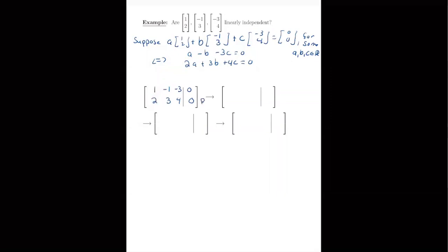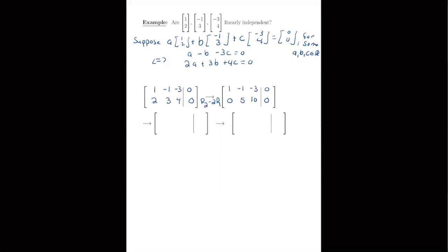So we're going to take row 2 minus 2 row 1, and leave row 1 alone. This minus 2 of these is 0. This minus 2 of these is 5. This minus 2 of these, so 4 plus 6 is 10, and then 0 plus 0 will be 0.